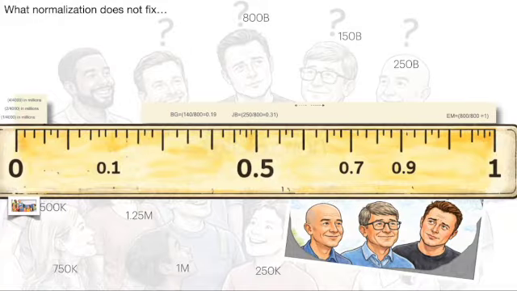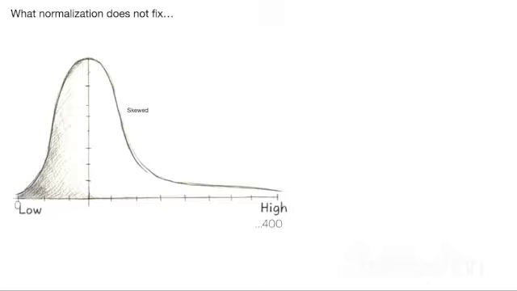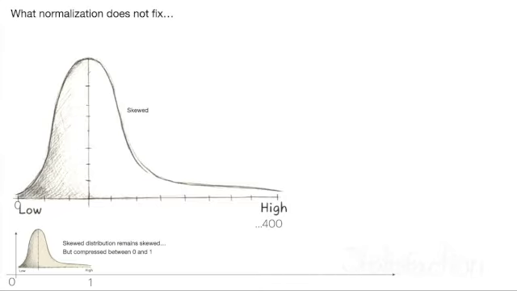Sounds perfect, until you look closer. A handful of extreme values stretch the scale, squeezing most people into a tiny sliver near 0, while the outliers dominate the upper range. The scale changed, the imbalance didn't. Normalization doesn't fix skewness. The distribution stays skewed, it's just rescaled to lie between 0 and 1.